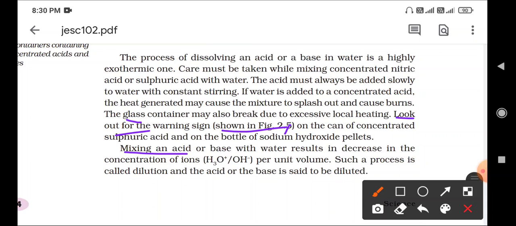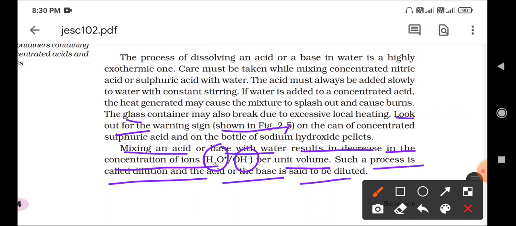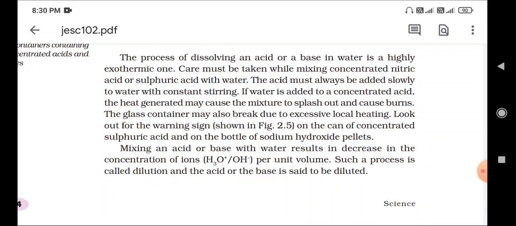Mixing an acid or base with water results in a decrease in the concentration of ions, either hydronium ions or hydroxide ions per unit volume. Such a process is called dilution, and the acid or base is said to be diluted. Here is one more very important question: what is the dilution process, or what does dilution mean?